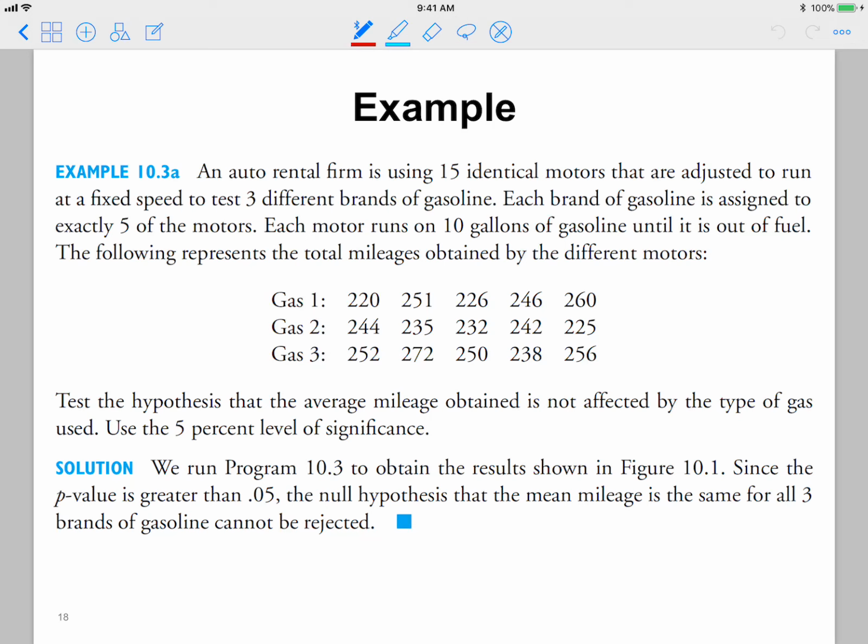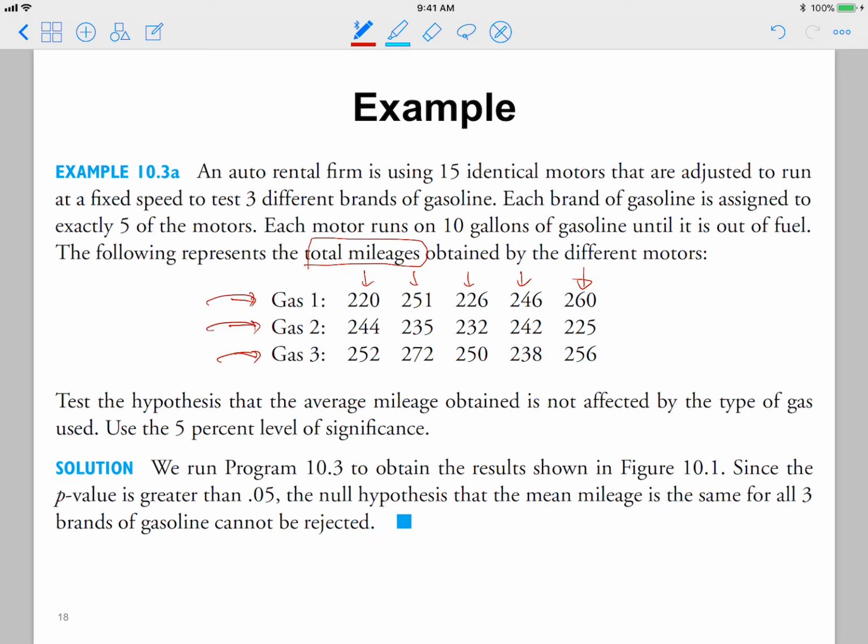Let's look at this example. We have 3 different groups, with 5 different cars within each group, and it's the total miles that a car can go using 1 liter of this gas, this gas, and this gas.